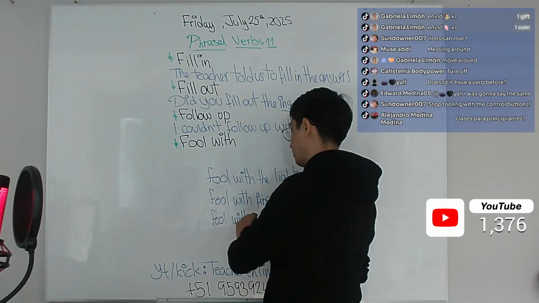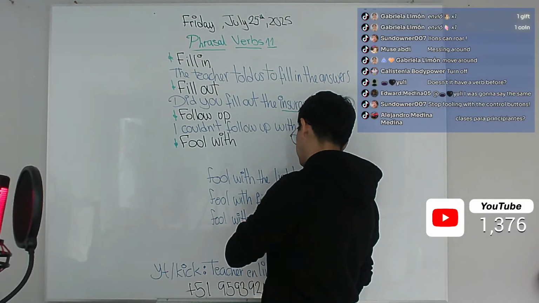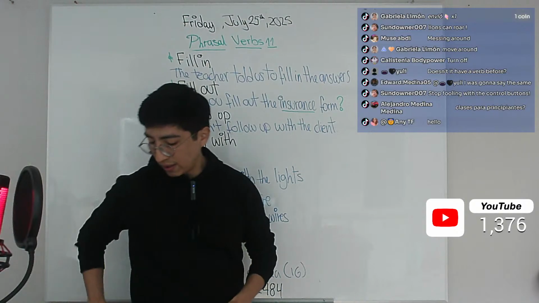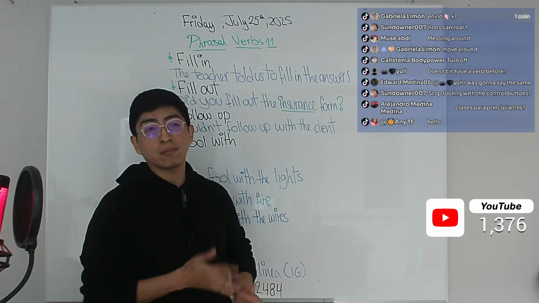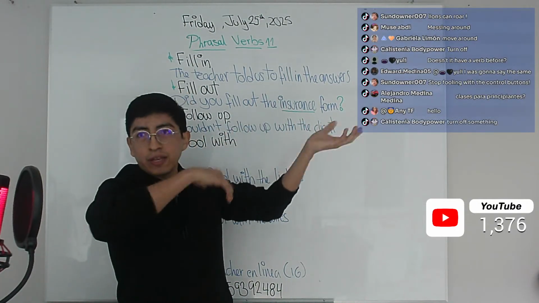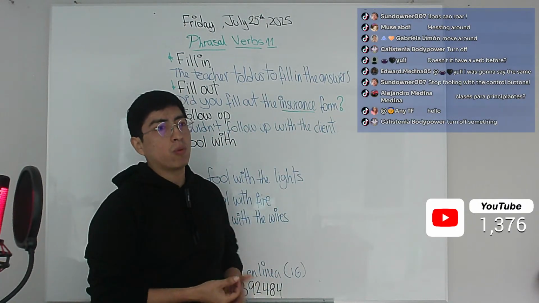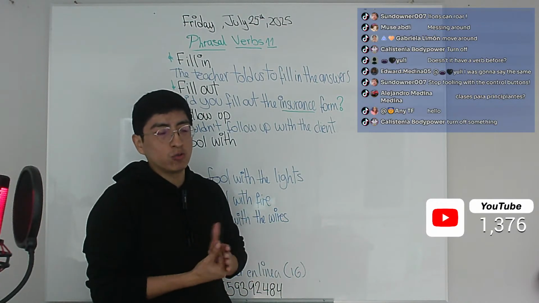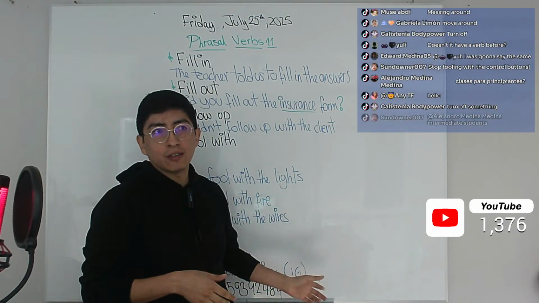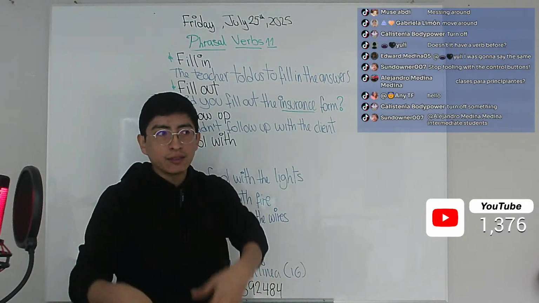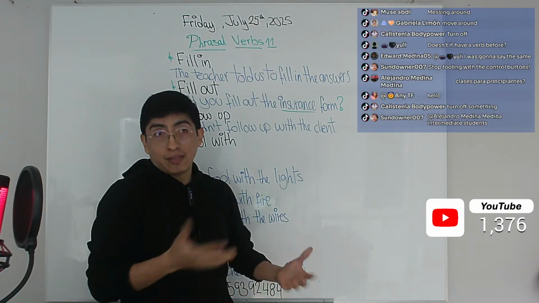Fool with the wires, or maybe the cables. This is very common in the case of pets. Cats like to fool with the cables, like they like to play with them. My cat sometimes likes to fool with the wires of my computer and the camera, and it's very dangerous.